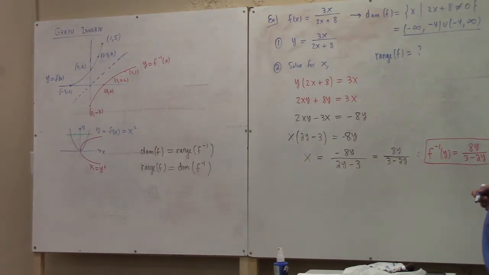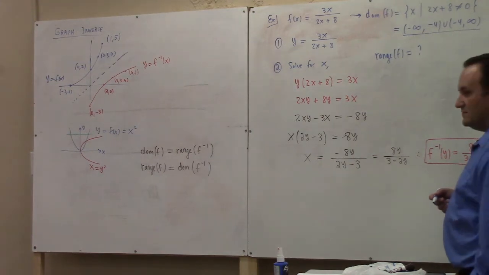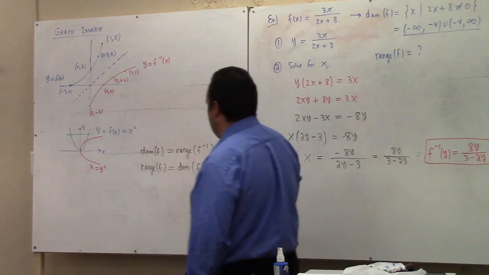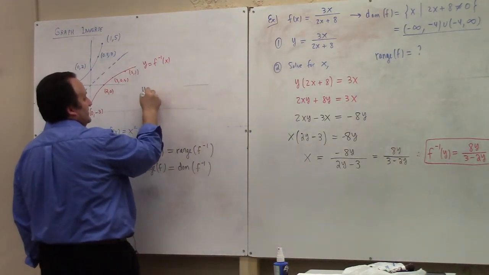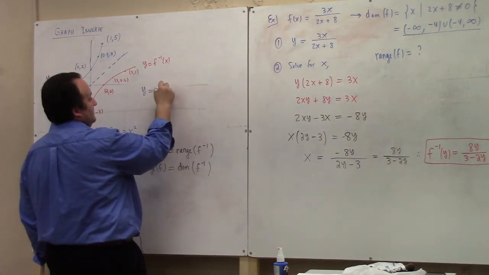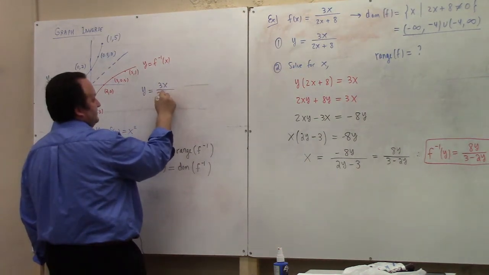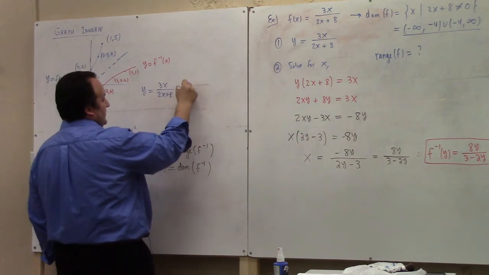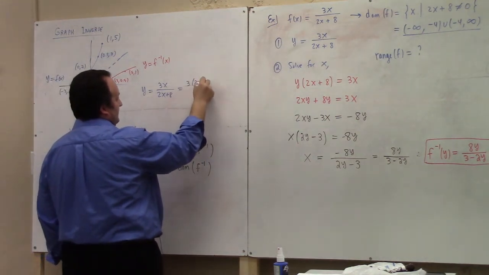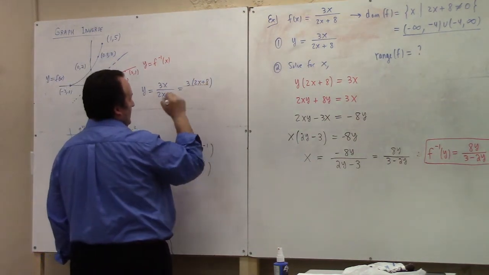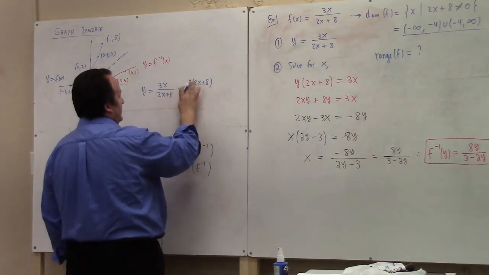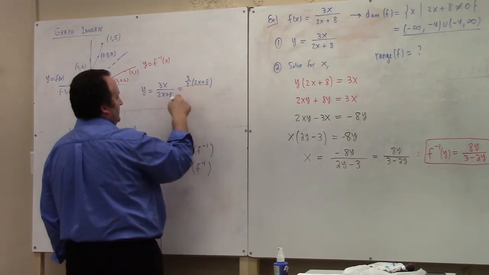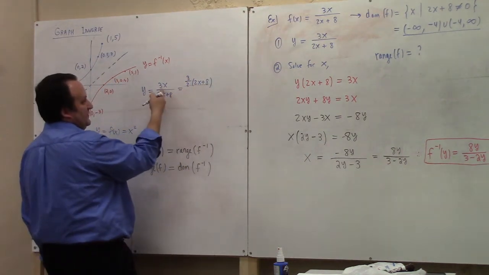All right, so to figure out the range of the original function, I would have to do some kind of sneaky algebra. Here's how I'd do it, and I wouldn't expect you guys to do this. 3x over 2x plus 8. That's 3 over 2 times 2x plus 8, because that will give me back the 3x.